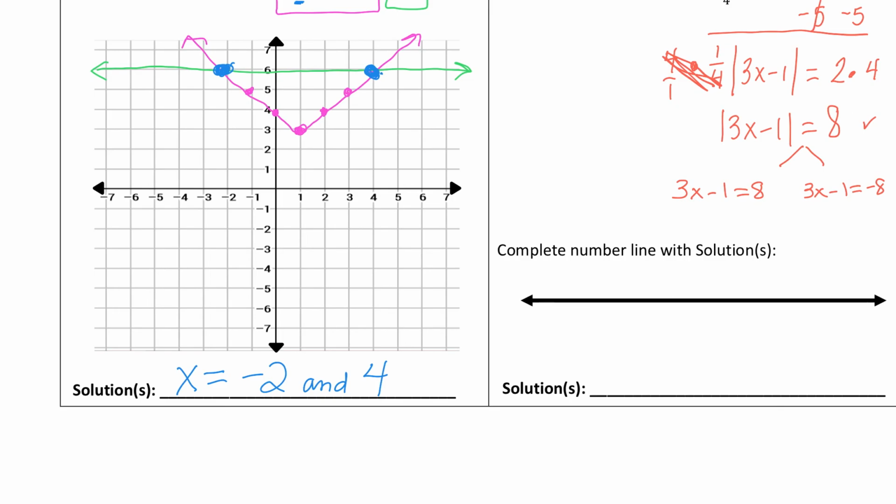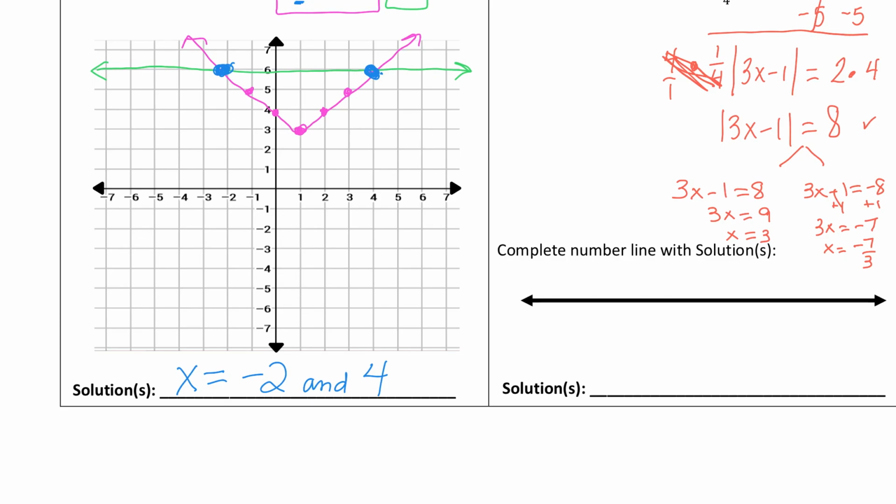Keep solving it, so add 1, 3x equals 9, divide by 3, x equals 3. Over here, I would add 1, that gives you 3x equals negative 7, divide by 3, so x equals negative 7/3. Sorry about that airplane, as you can tell I'm outside recording this.